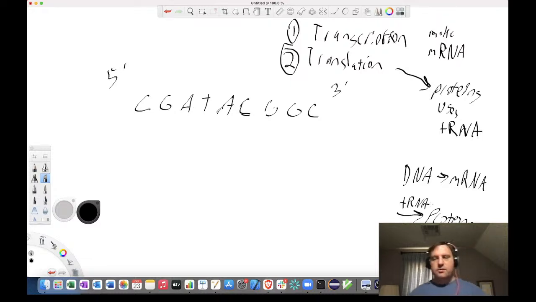Okay, so we're going to go through the process. So if you take a single strand of DNA, transcription works on a single strand. Before you get to what you're translating, there's a whole bunch of stuff that happens beforehand.